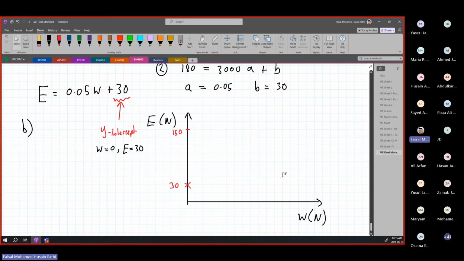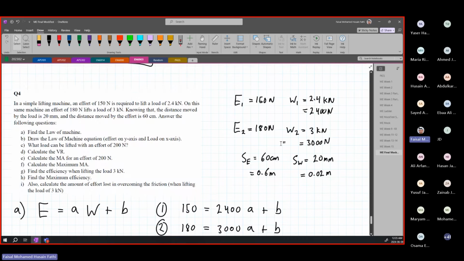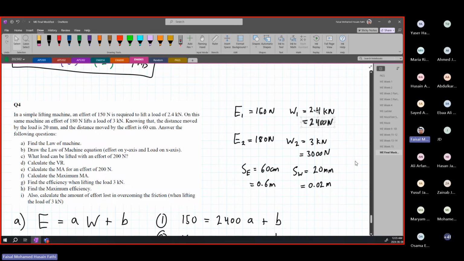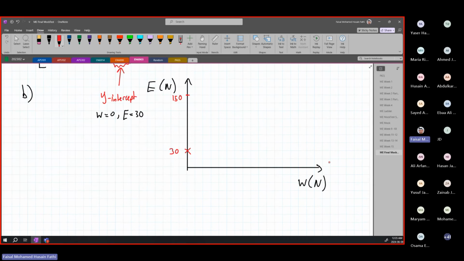All right. And let's say that W1 is 2400 newtons. Let's say that, I don't know, this is 400, and then let's assume this is 400, 800, 1200, 1600, 2000, and 2400.